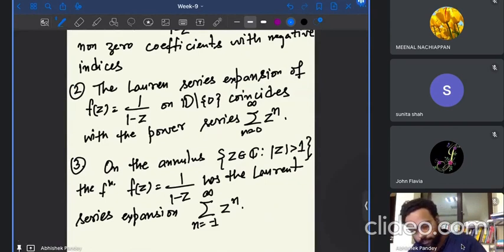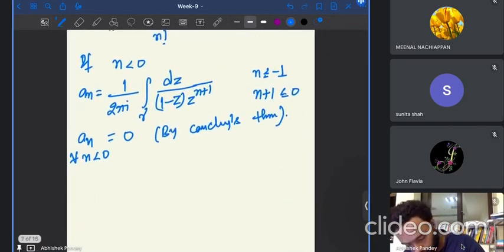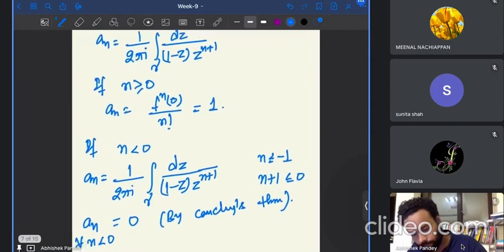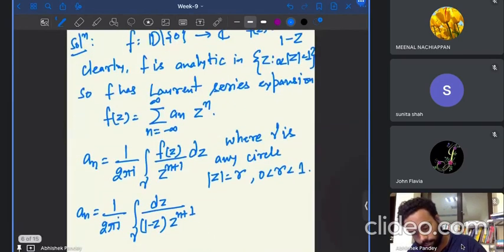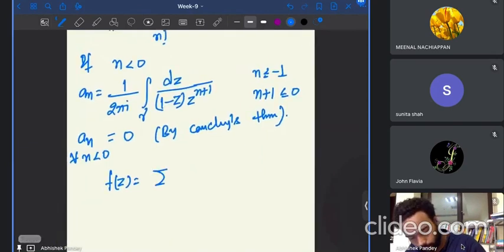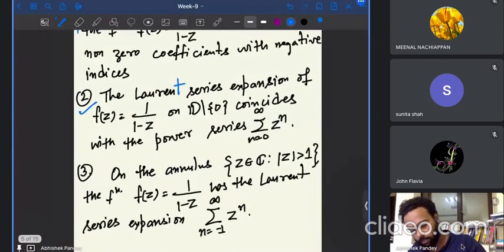Now second: the Laurent expansion coincides with the power series. Once this is zero, what is your f(z)? Since a_n is 1, you will get summation n equals 0 to infinity z to the power n. So option 2 is true, and option 1 is false.